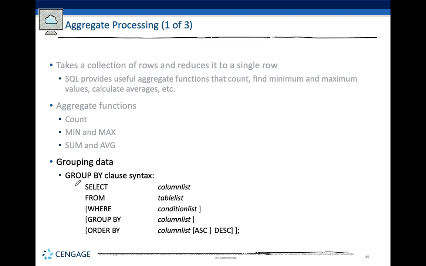Now let's go into group by. So again, to go over the typical syntax of a SQL query, we have select, from, where, group by, order by, and we can have a having in between. We will look at having later as well.